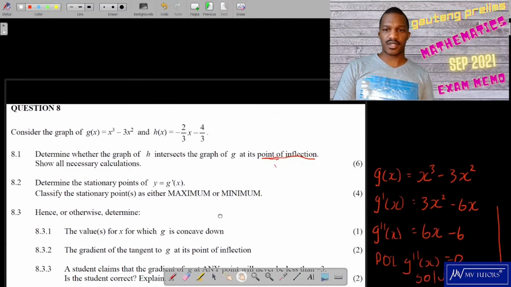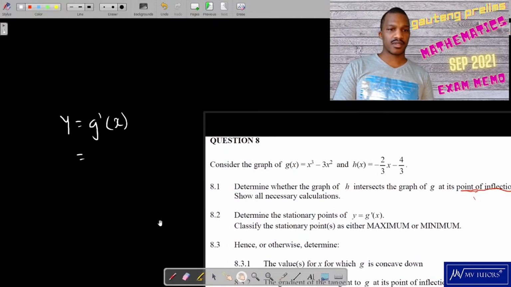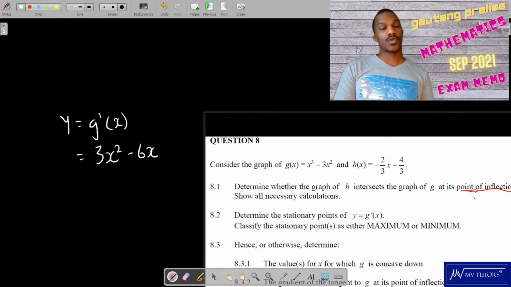It's 3x squared minus 6x. Okay, it's 3x squared minus 6x. Cool, so that's our y. Now they're saying determine the stationary points of this. So that's a turning point.